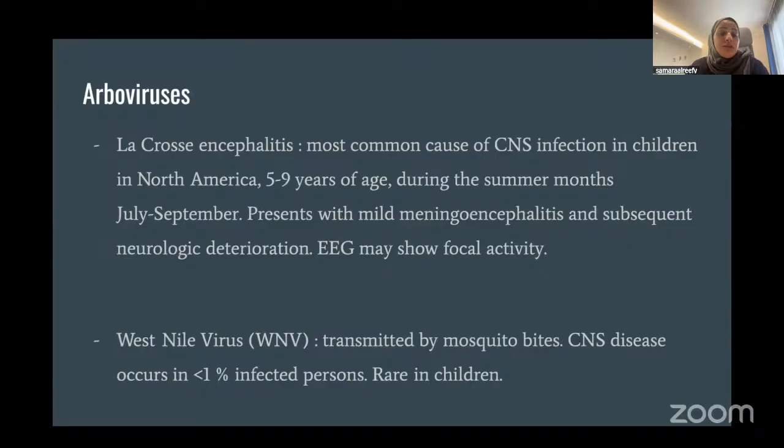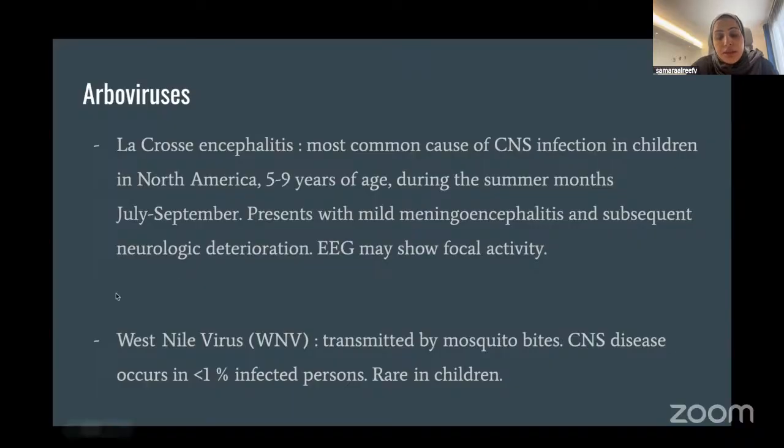Arboviruses, such as La Crosse encephalitis, which is common in North America, can cause CNS infections in the ages of 5 to 9 years and during the summer months from July to September. It presents with mild meningoencephalitis and subsequently neurological deterioration. EEG may show focal activity as well.